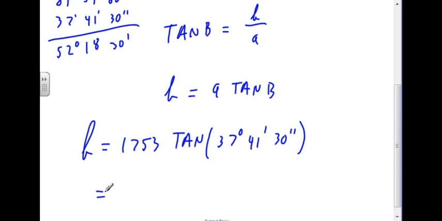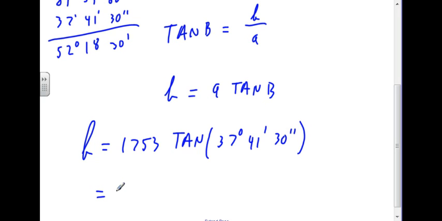Okay. Now I'm going to make my calculator do that directly. So I'm going to go 1753 times tangent, and then 37. And then where do I get the degree guy? Math, degrees. And then I'm going to put 41, go to math, degree, minutes, seconds, and go to minutes. And then 30, math, degree, minutes, seconds, and put in seconds.